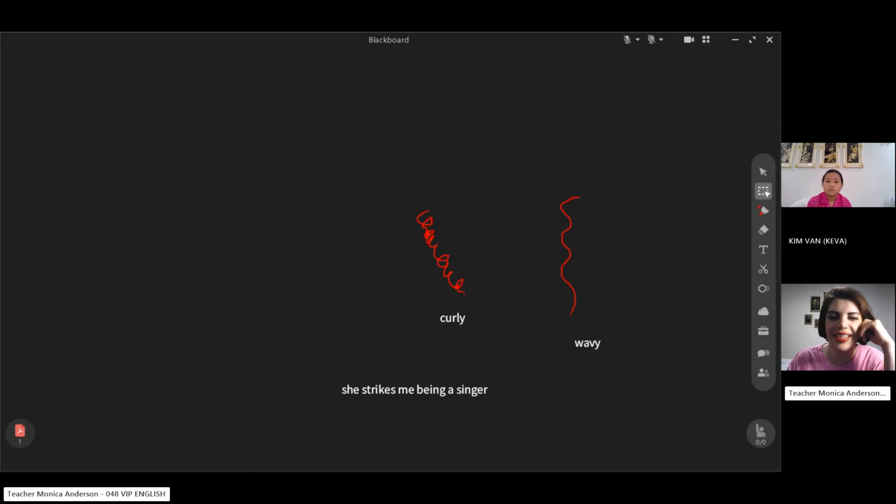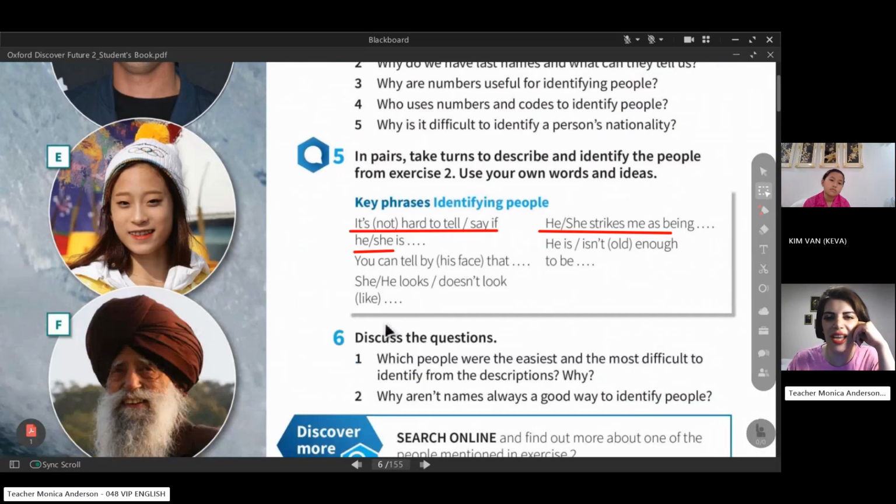Now, you can describe someone using, of course, appearance, face, look like. For example, I look like my mom.